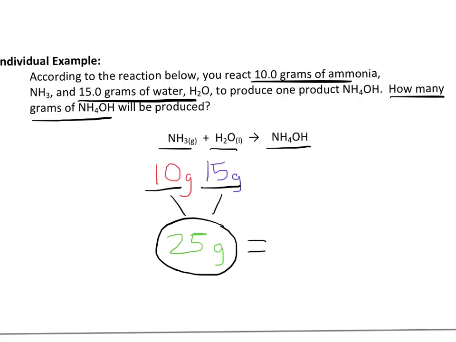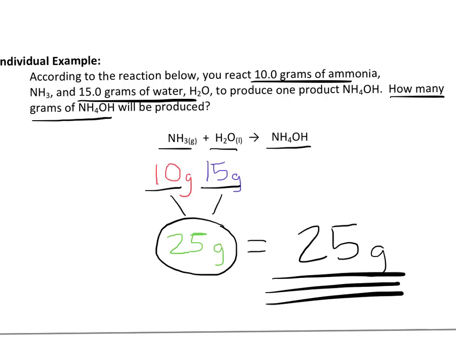So, since we reacted 25 grams, our product will also have a mass of 25 grams. This restates the law of conservation of mass by saying once again that the conservation of mass will be true. The mass of our products and reactants has to be equal.